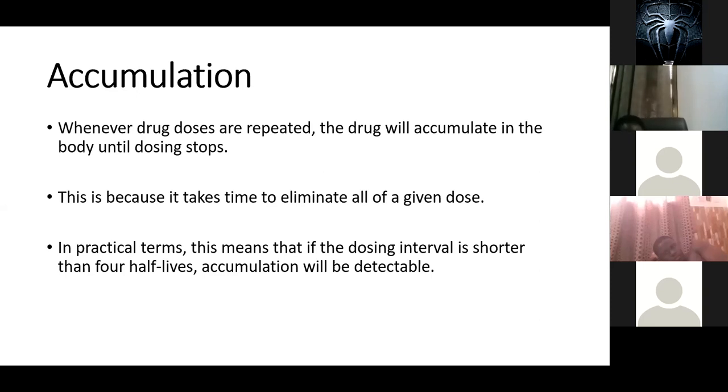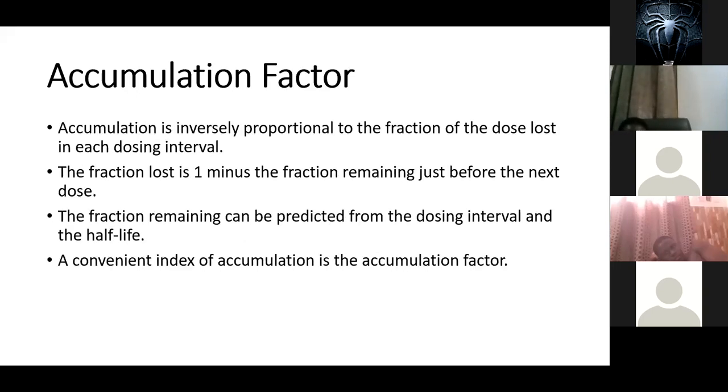In practical terms, this means that if the dosing interval is shorter than 4 half-lives, accumulation will be detectable. There's something called the accumulation factor. It is inversely proportional to 1 minus the amount of drug that is left.